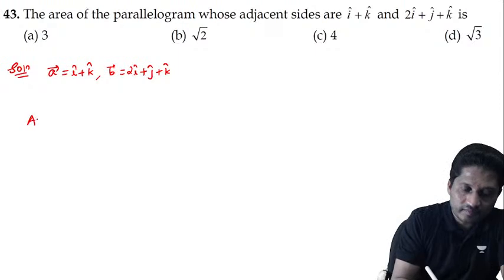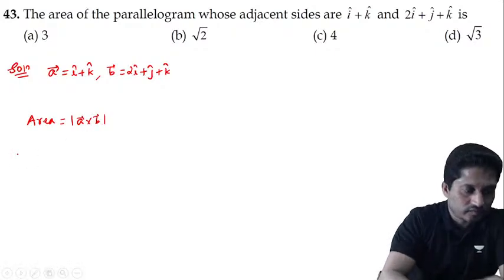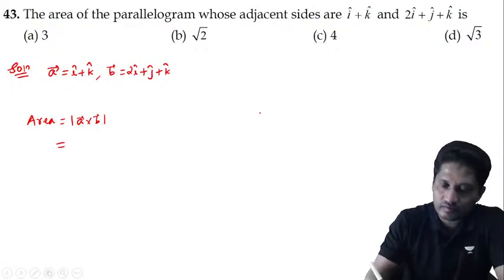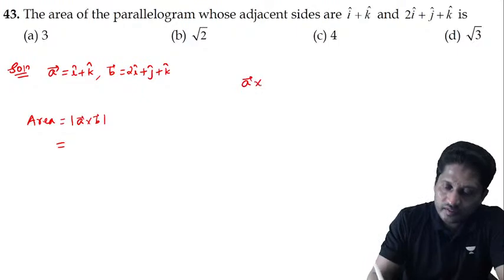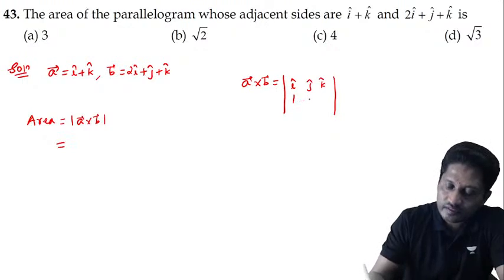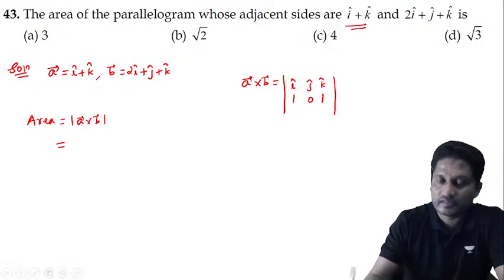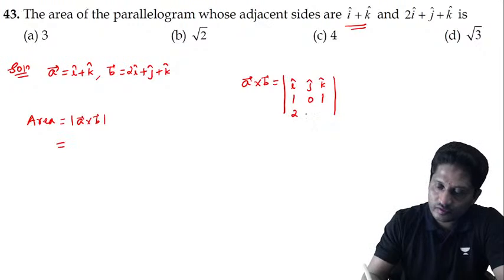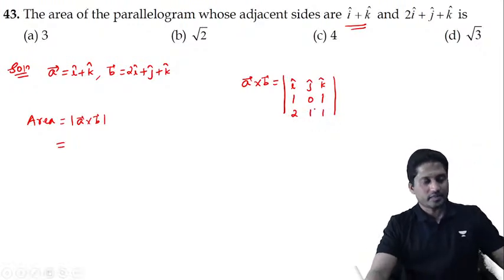Area of a parallelogram is equal to modulus of A cross B. A cross B is always a determinant with components of i, j, k. Components of A are 1, 0 and 1 because there is no j here, and components of B will be 2, 1, 1. Let's expand this determinant.